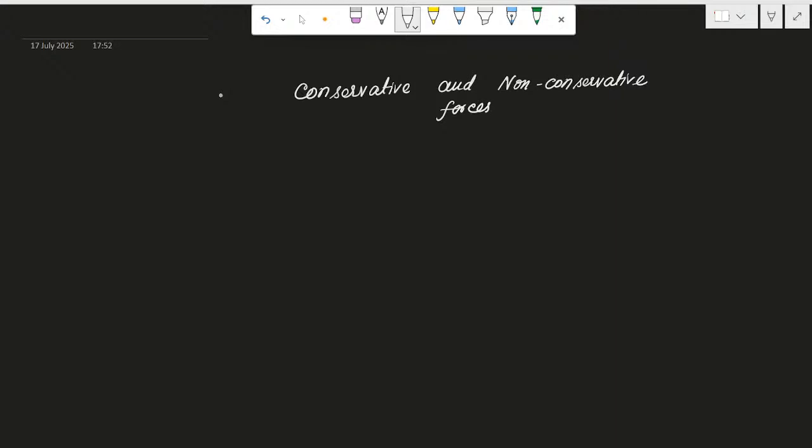See, what is the deciding factor to say whether a force is conservative or not? A conservative force is a force for which the work done in displacing a particle is independent of the path followed by the particle and dependent only on the end points.